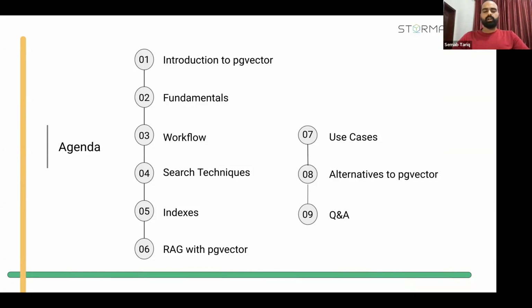Then we will see how you can improve your searches with the help of RAG in pgvector. Finally, we will conclude our talk by discussing a couple of use cases and alternatives to pgvector, and then we will have a question and answer session.